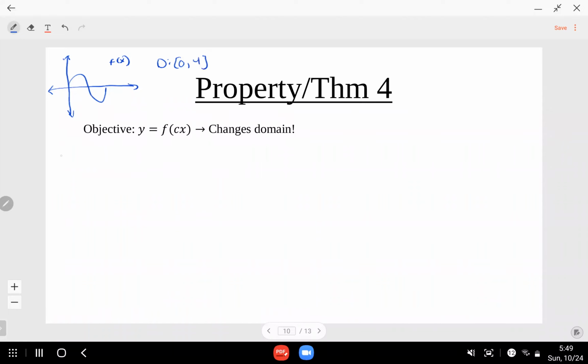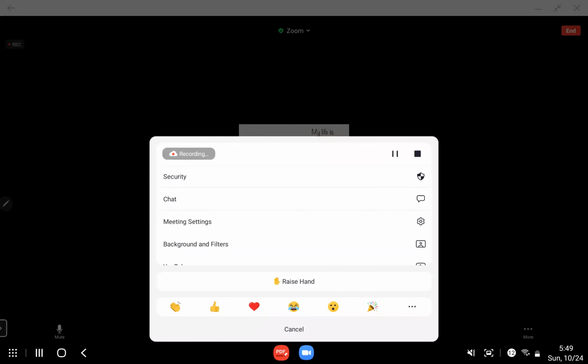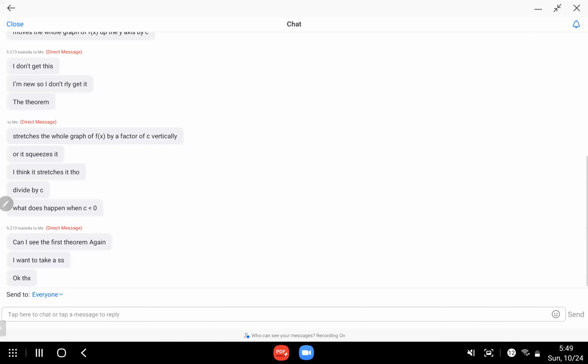No, let's look at the domain of y equals f of 2x. So what does that do? Are there any thoughts on what 2x does to the function? Since it affects the domain, it's going to do something horizontally.